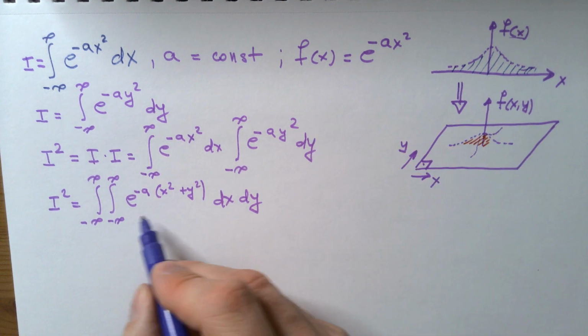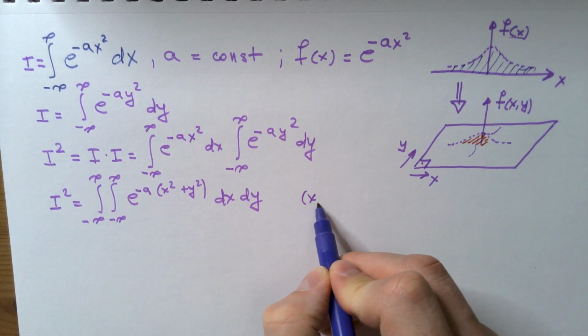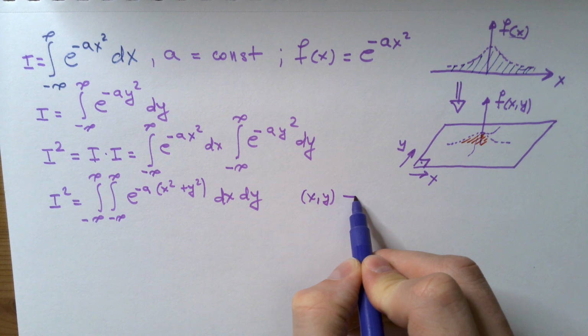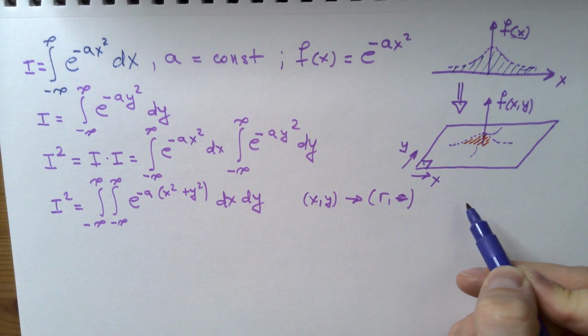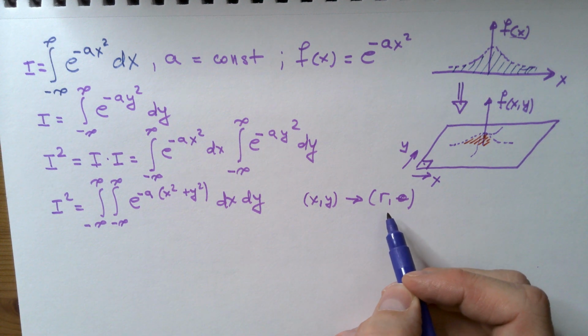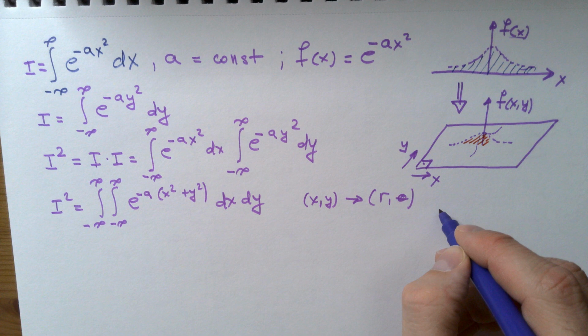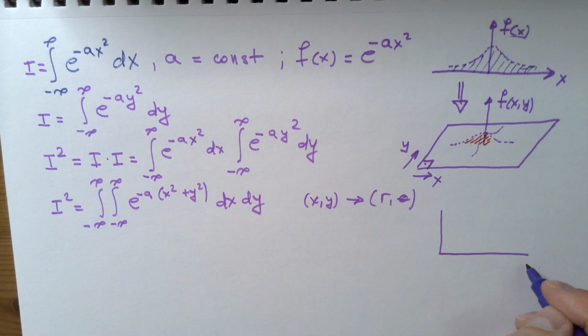So, what we will do now, we will transfer from the Cartesian coordinate system xy to the polar coordinate system r and theta. And you can watch my videos on the polar coordinate system, but here I will just quickly show you the relationship between these two because we need it.